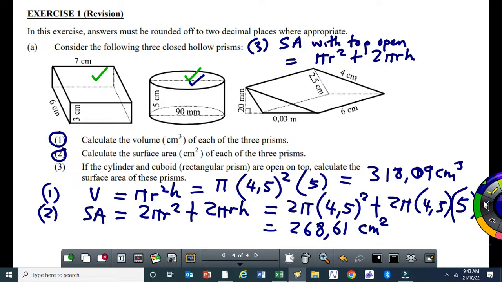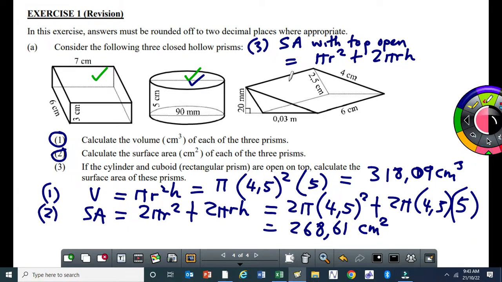So this will be equal to 268,61 minus pi and the radius squared. You subtract that. What answer do you get?